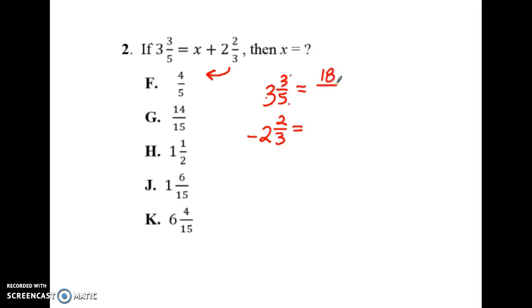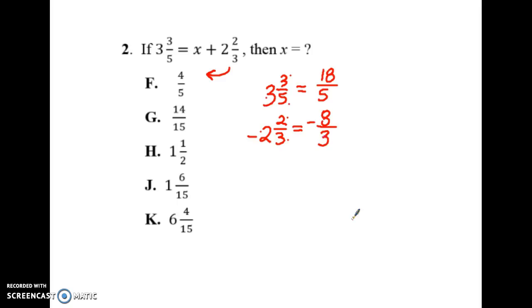So as an improper fraction, 3 3/5 becomes 18/5. Now I'm going to subtract from that. Okay, 3 times 2 is 6 plus 2 is 8. So that's 8/3. So again, subtracting 2 2/3 is the equivalent of subtracting 8/3 as an improper fraction.